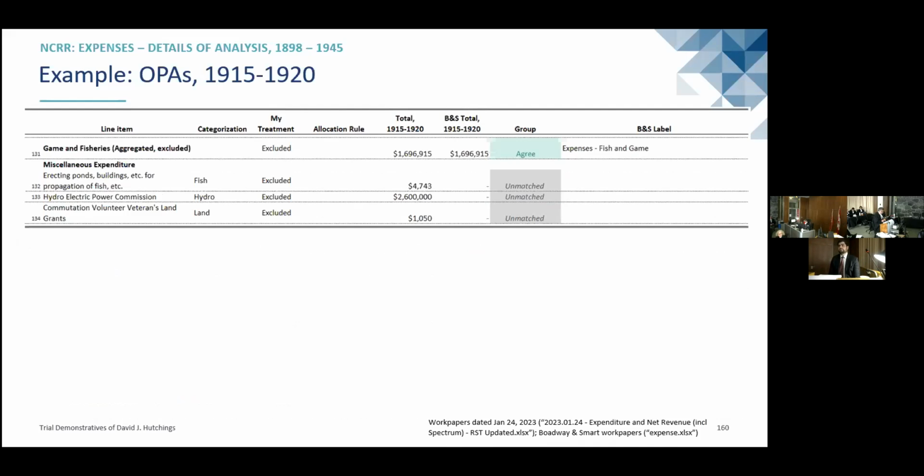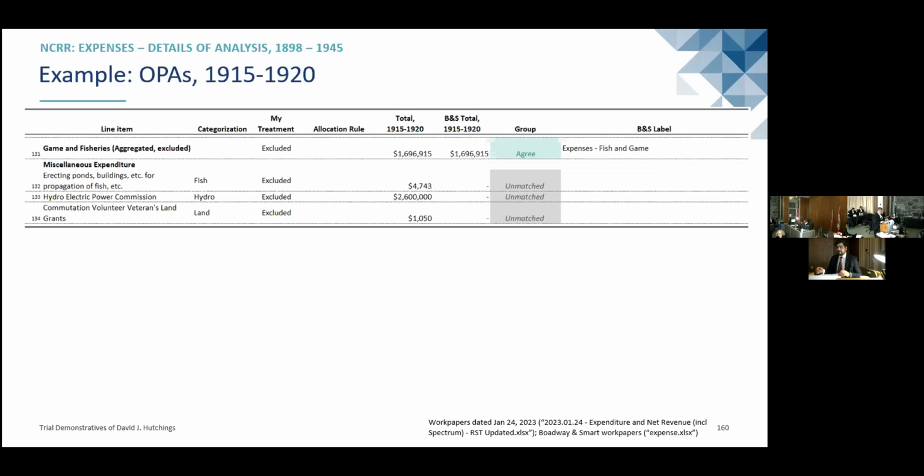Neither of us includes direct Crown resource revenues from fishing, so we exclude the game and fisheries expenses. Then there are a few miscellaneous expenses, the biggest one relating to HEPCO. I exclude them all. I didn't match them with Professor Bodway and Smart's data, but given we're not looking at the costs of operating HEPCO, that kind of makes sense.